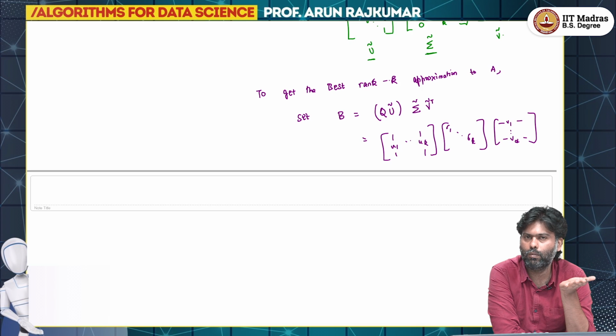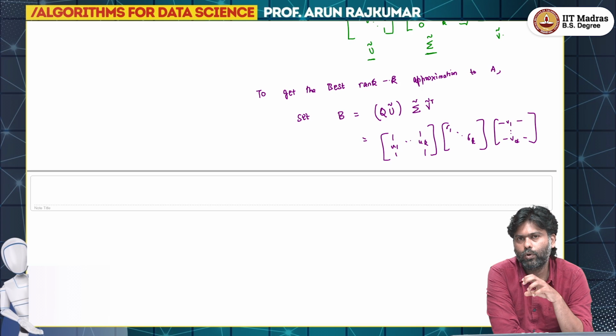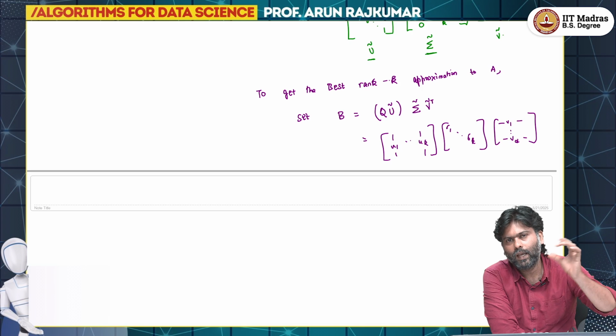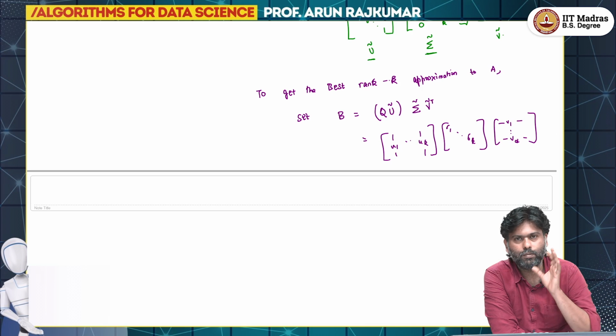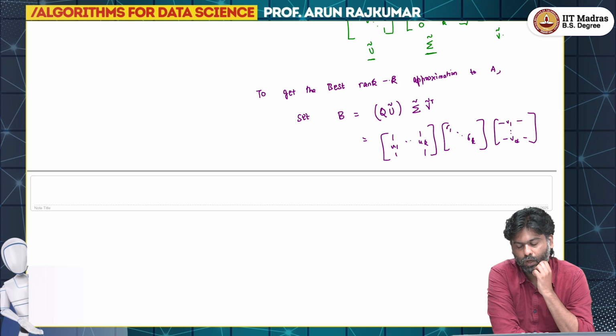Instead of the original M cross D matrix, we computed Y, which is Q transpose A, and we did the SVD in this smaller dimensional space. Now, this will not give us what we want, but we can lift it back to the original space by pre-multiplying by Q, and then we will get what we want. That is basically the idea that we are talking about.